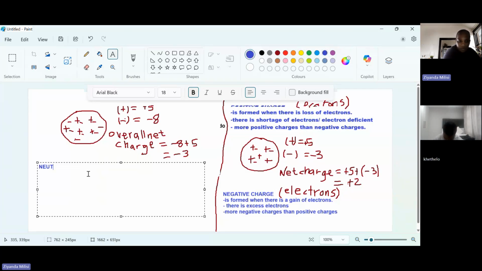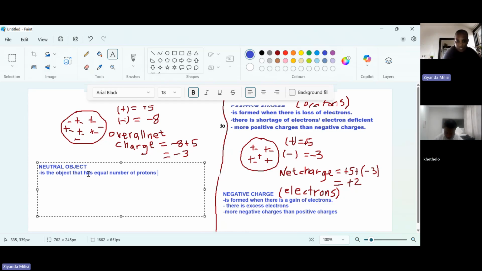A neutral object is the object that has an equal number of electrons and protons.